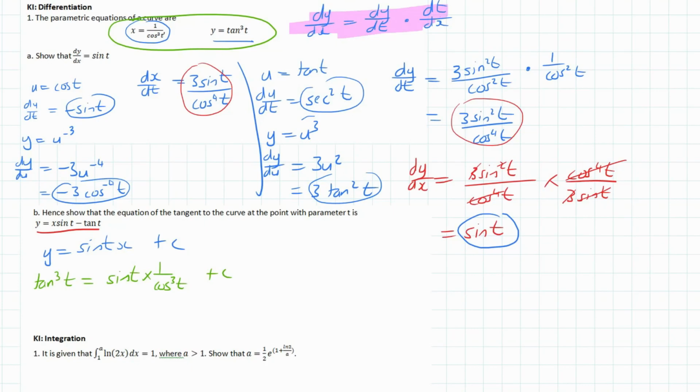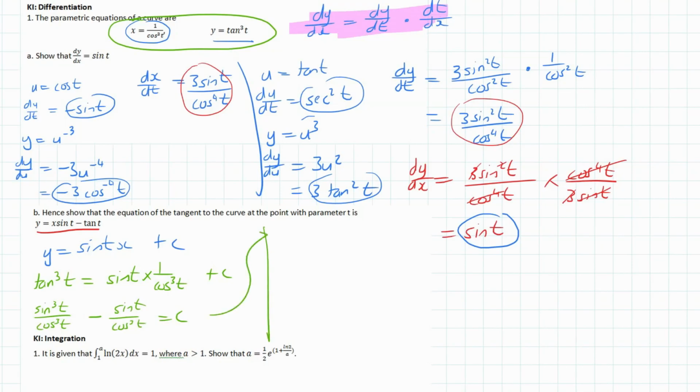And then we can rearrange for c. So we get that tan cubed t is sine cubed t over cosine cubed t, take away sine t over cosine cubed t, equals c.